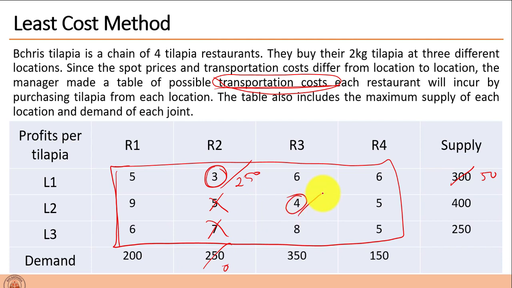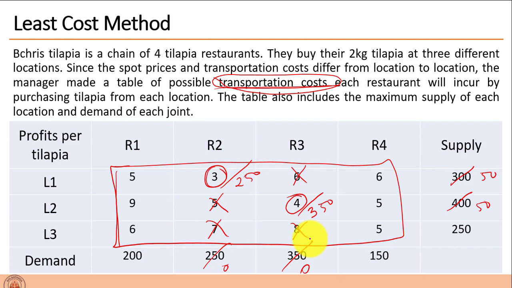They are able to provide restaurant number 3 all it needs because they have 400, and restaurant number 3 only needs 350. So let's provide the 350 here so that this will go off and this one will be left with 50 again. Now R3 doesn't need anything again, so we tell L1 not to go here, and tell L3 not to go here. The two are satisfied, so we are left with restaurant number 1 and restaurant number 4.